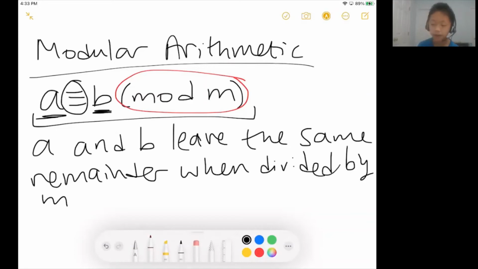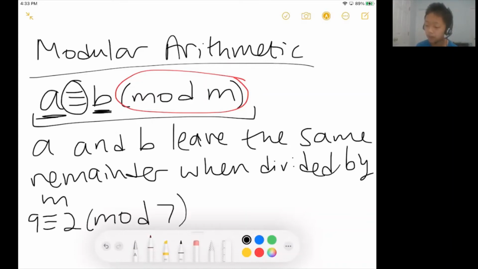So for example, I can say 9 is congruent to 2 mod 7. Because when you take 9 and divide it by 7, you get a remainder of 2. When you take 2 and divide it by 7, you also get a remainder of 2. So that tells us that 9 is congruent to 2 mod 7. So we can construct these congruence statements now.